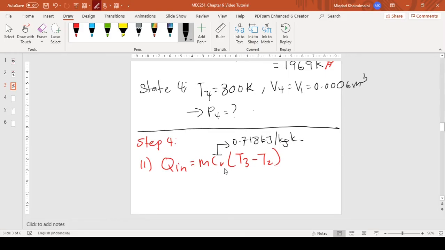The mass was 0.00068, Cv is 0.718, T3 is 1969, and T2 was 758. So this will give us, depending on the number of decimal points, the answer of approximately 0.59 kilojoules.